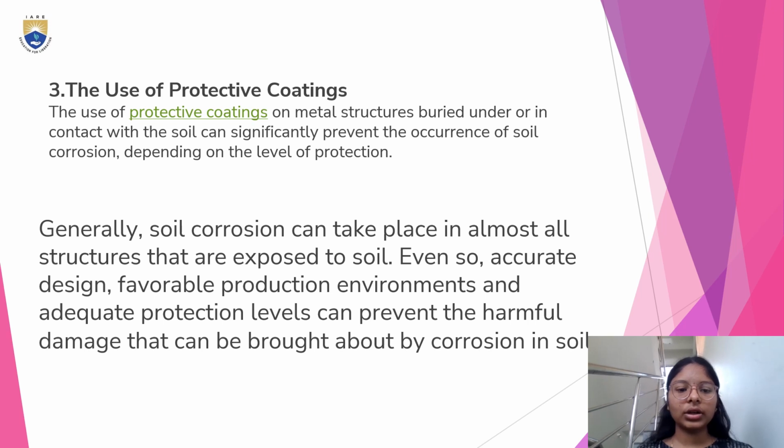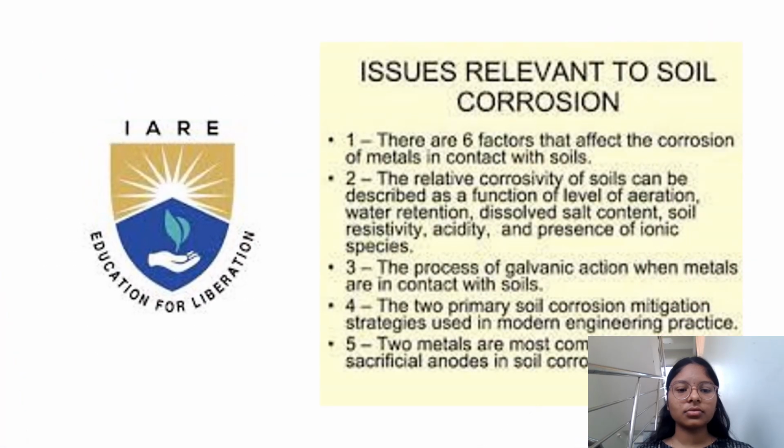Now we are going to another slide. This slide is discussing issues relevant to soil corrosion. There are 6 factors that affect the corrosion of metals in contact with soils. The relative corrosivity of soils can be described as a function of level of aeration, water retention, dissolved salt content, soil resistivity, acidity, and presence of ionic species.